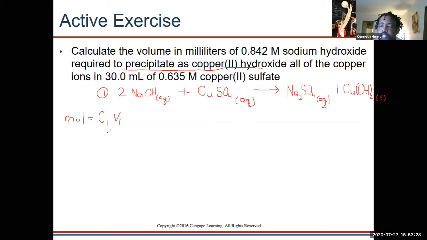Our number of moles, or we can say n, which is what we normally use for number of moles, is equal to C1V1, right? So if we multiply volume times moles over liters, what are we going to be left with?